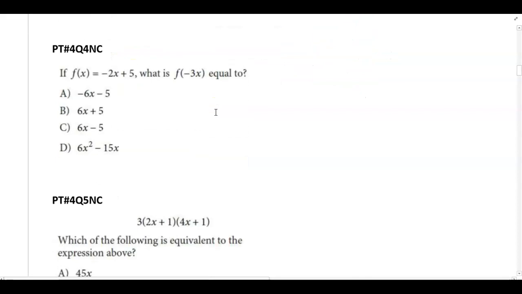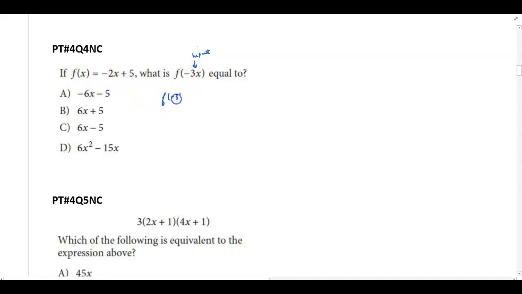Now the next example. If f of x equals negative 2x plus 5, what is f of negative 3x equal to? This is a combination of remembering how to approach function notation. This becomes my input, so everywhere I see an x in this problem, I'm going to replace it with negative 3x.